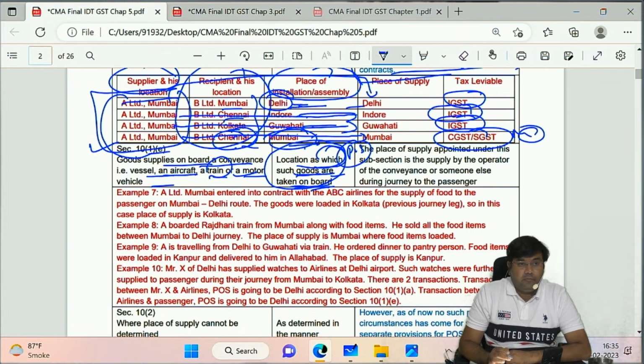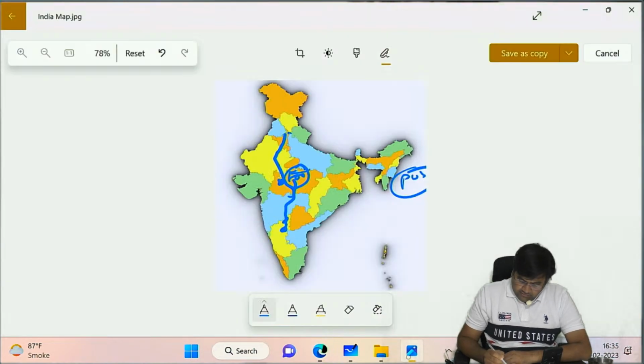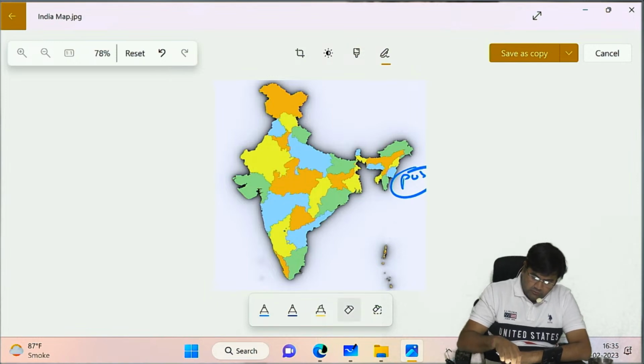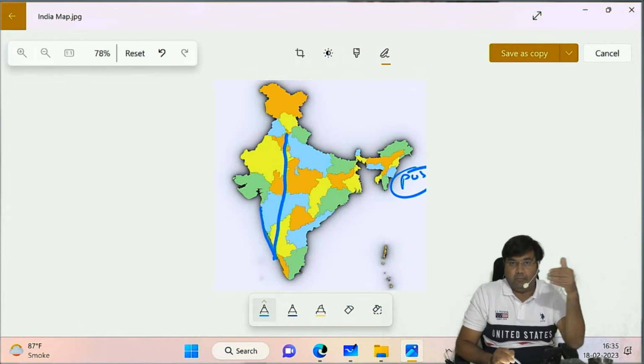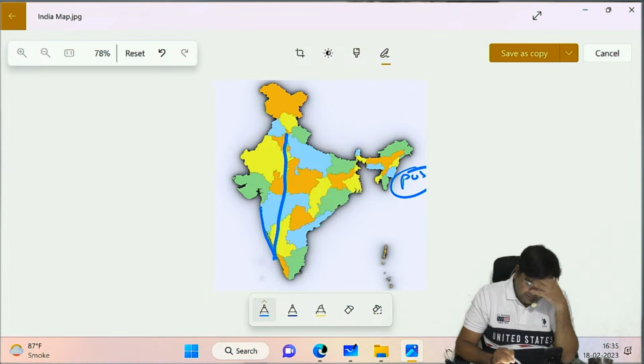Okay. For aircraft, let's say you would like to go from Kochi to Delhi. So you are taking the flight from Kochi to Delhi. That aircraft came from Mumbai to Kochi first. The previous leg was Mumbai to Kochi, because they normally fly continuously.